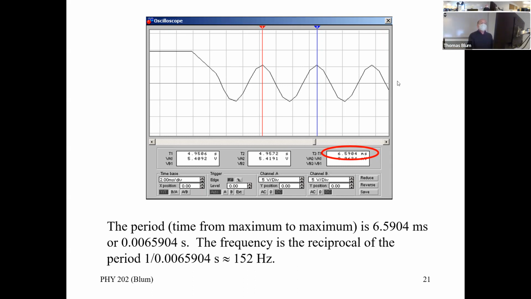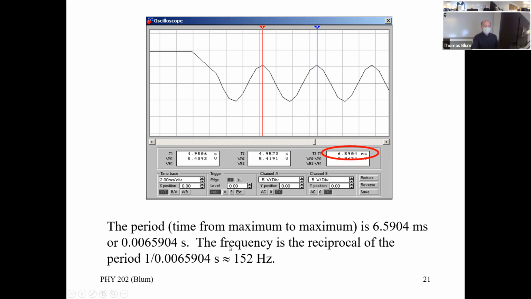All right. So when I get into this repeating behavior, the characteristic is the period or the frequency. The period is the time it takes to repeat. The frequency is how many times it repeats per second. So I go from one high to the next high, and it will do the subtraction for me, and that will tell me the period.